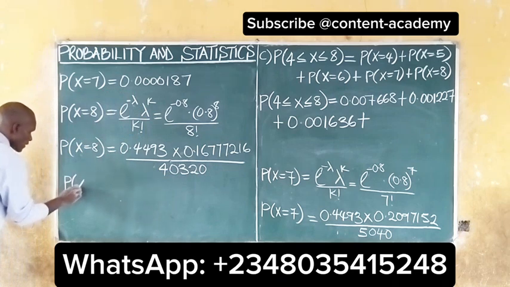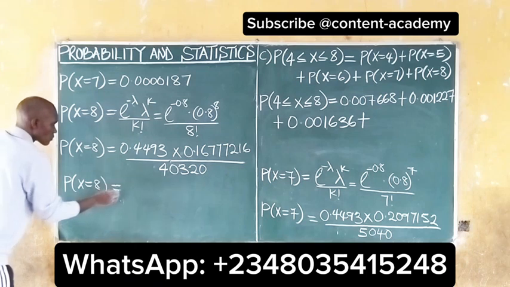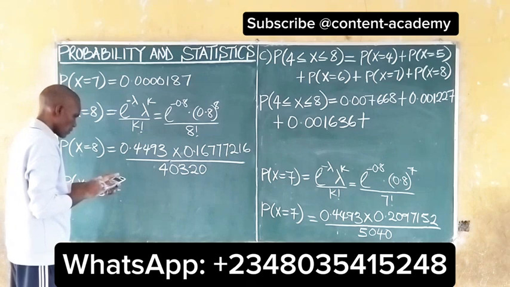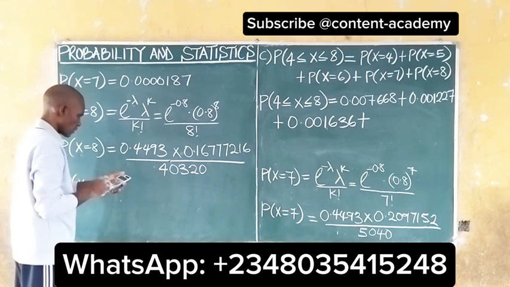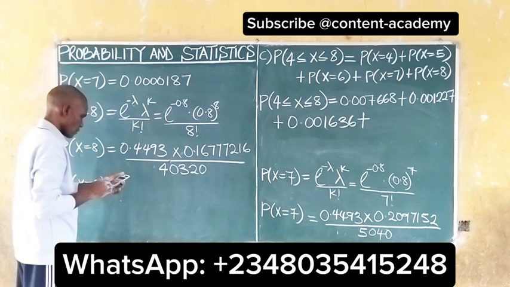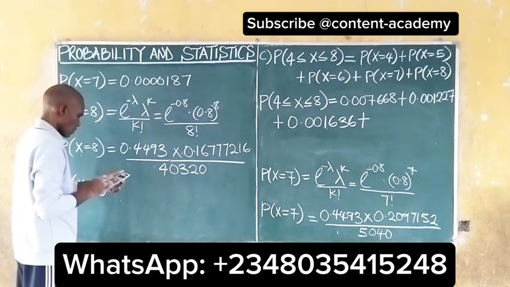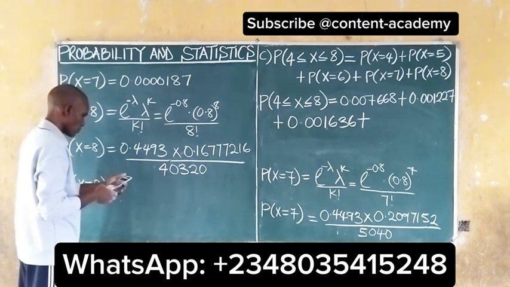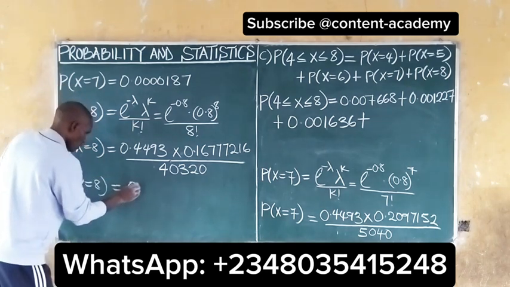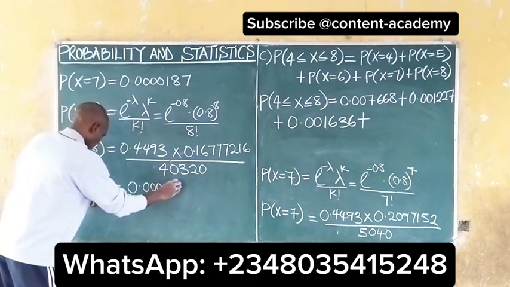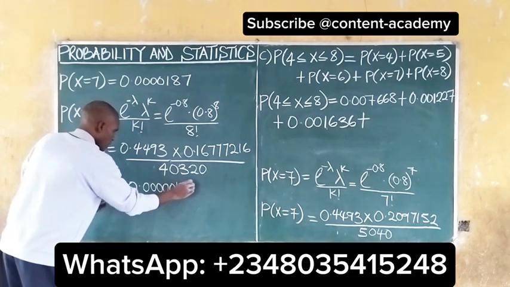So the probability that x is equal to 8 is equal to 0.4493 multiplied by 0.167777216. We say the answer divided by 40320, which is 0.0000187.